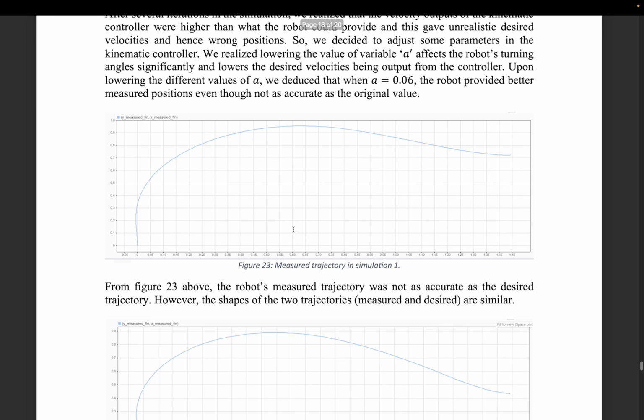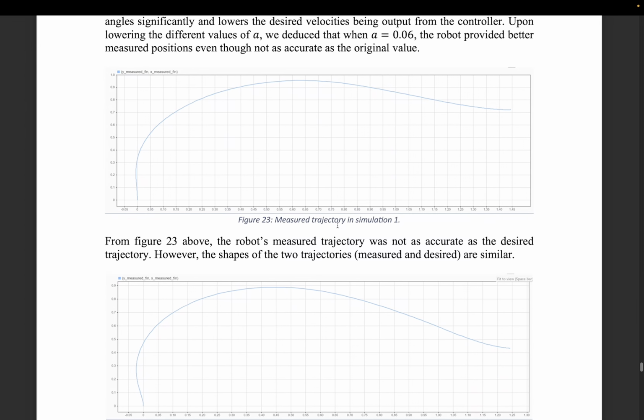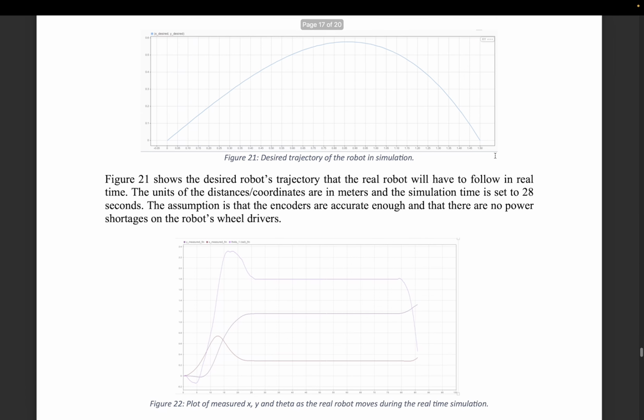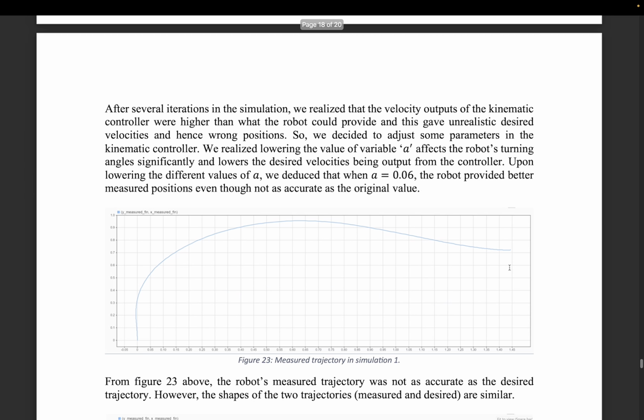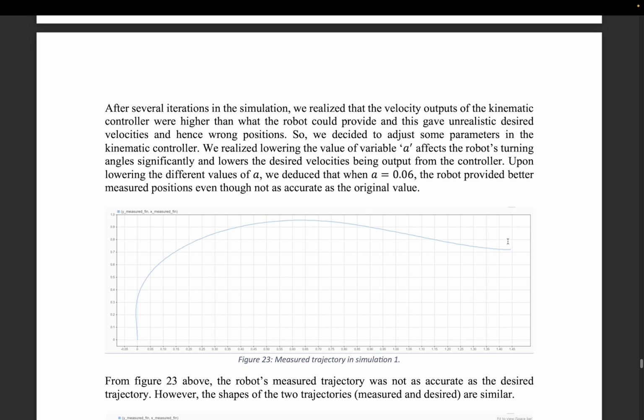However, this is what we got as the actual or measured one, and you can see that the final x here is 1.5 meters and the maximum y is 0.55 meters. However, here the final x is almost 1.45 and the maximum is 0.9. You can notice that there is a drift, especially due to this arc at the start, that if it was not there, maybe this would have fallen in range with where we want it to be.